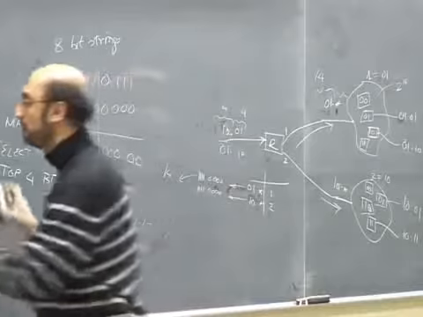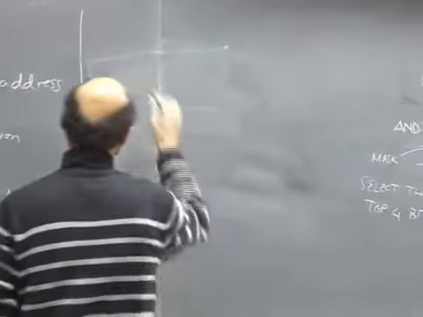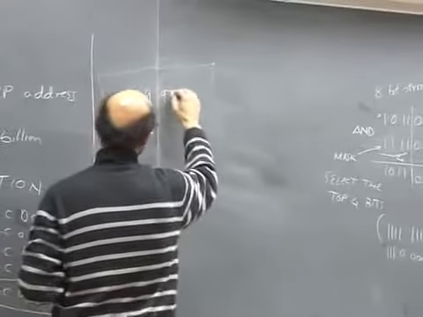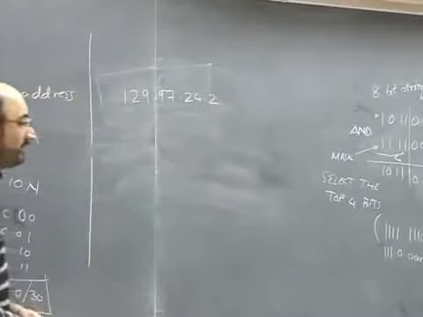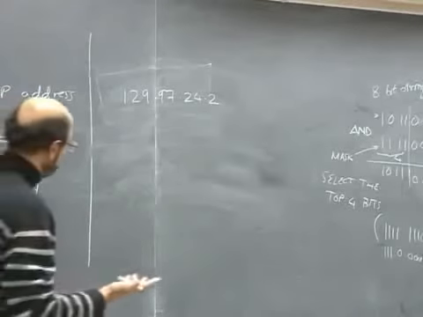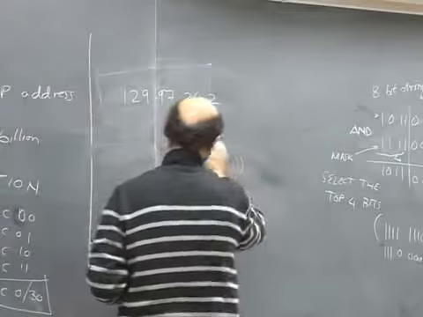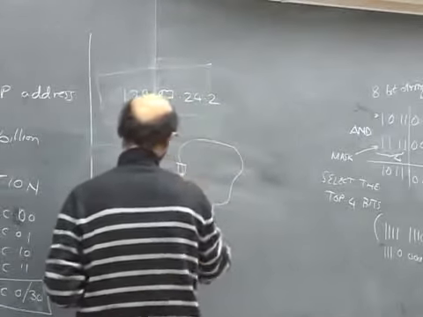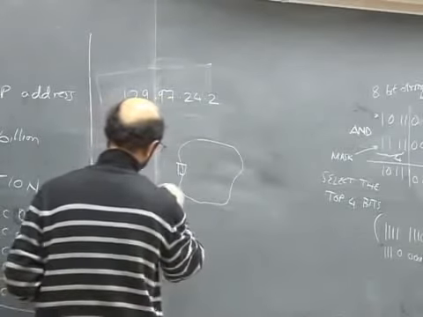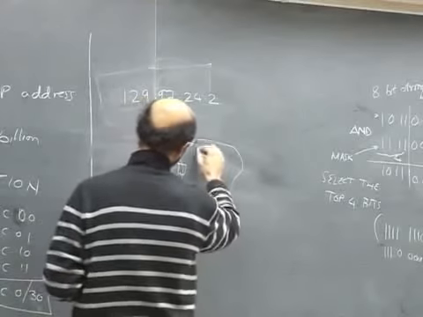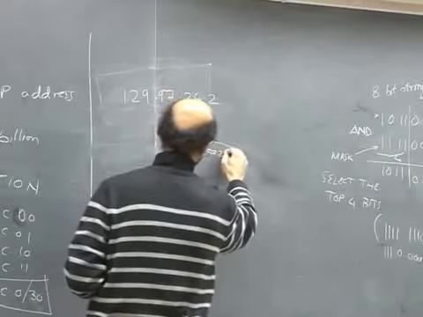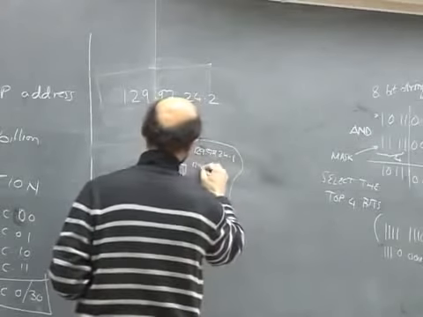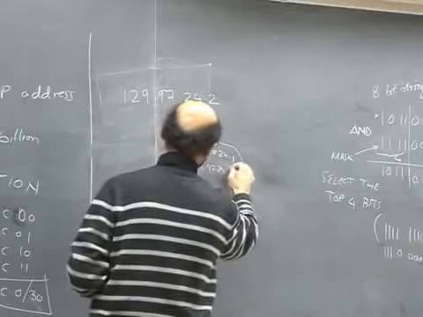Okay, so I'm going to go back to this one, and that's what I was going to draw over there. So let's take the address 129.97.24.2. Let's say that's the address I have over here. And let's say there's a subnet where all the addresses start with 129.97.24, for example 129.97.24.1, 129.97.24.7, whatever.